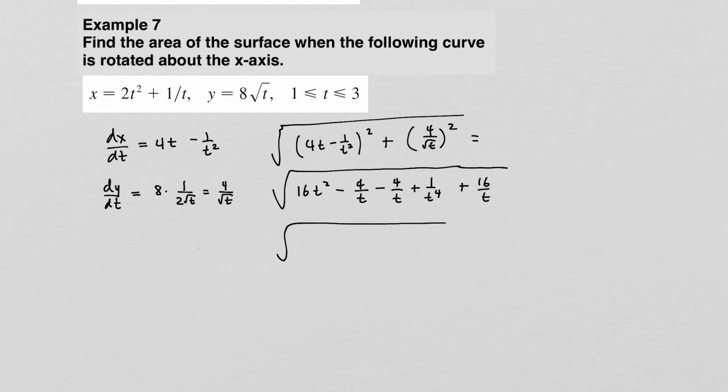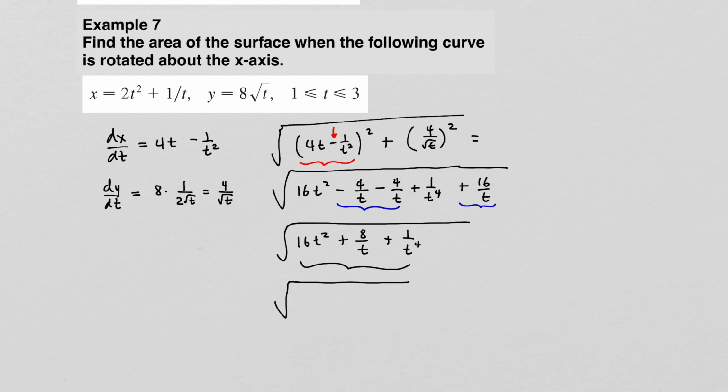So now this is equal to the square root of 16t squared, and I'm going to combine all of these together because they are all like terms, and this will give us plus 8 over t, and then plus 1 over t to the 4th. The next step is perhaps the trickiest one of all, but this will factor very much like this, except that instead of having a negative like you have here, you will have a positive.